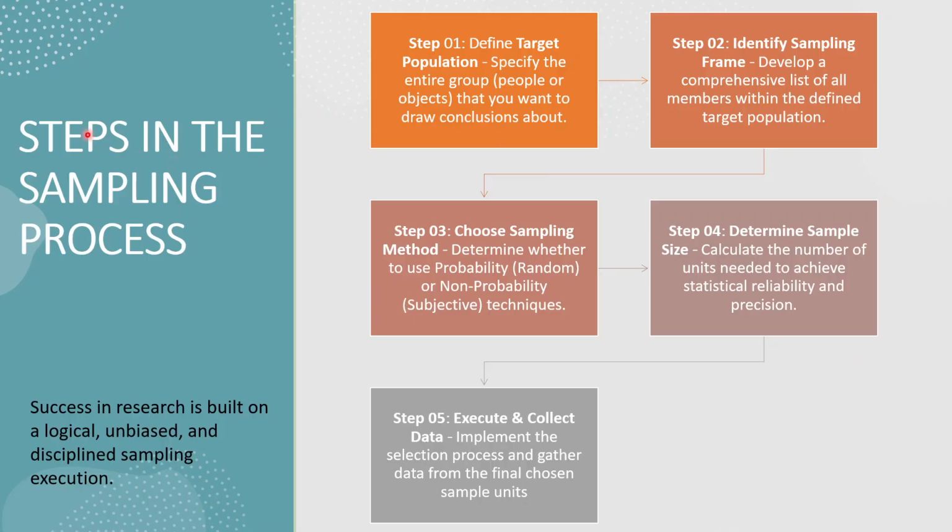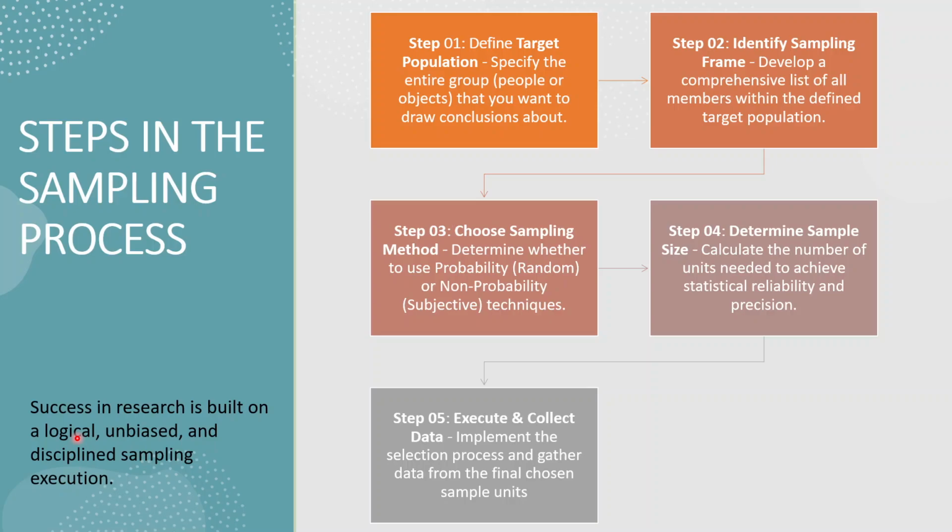So when we talk about the steps involved in the sampling process, first of all, we need to understand why sampling is important. For any research to achieve success, success in research is built on a logical, unbiased, and disciplined sampling execution.